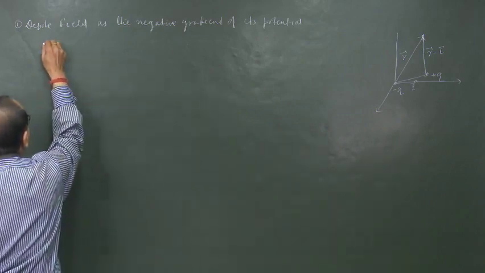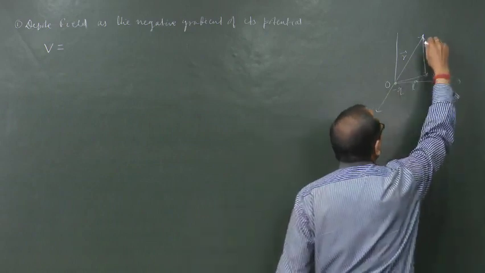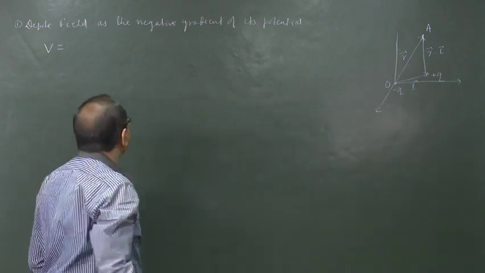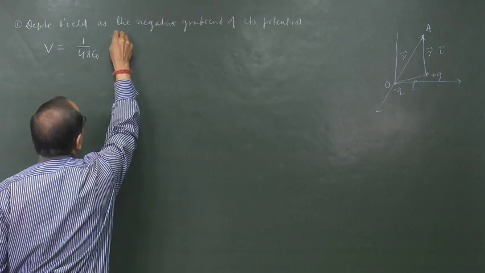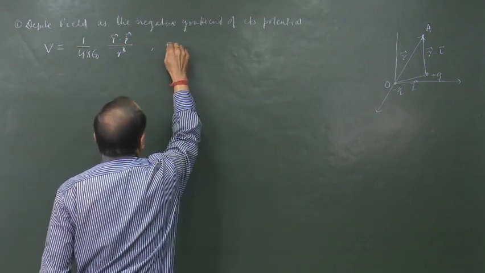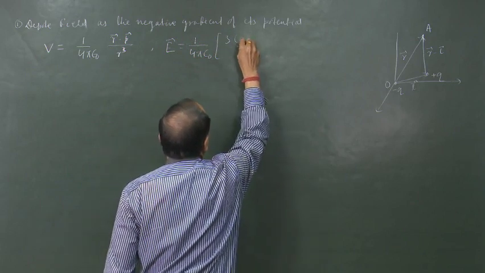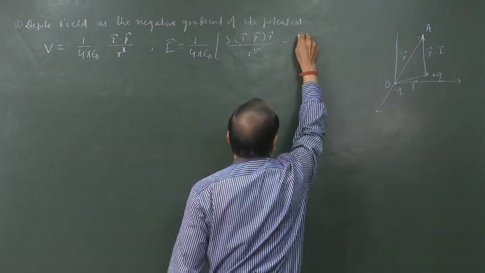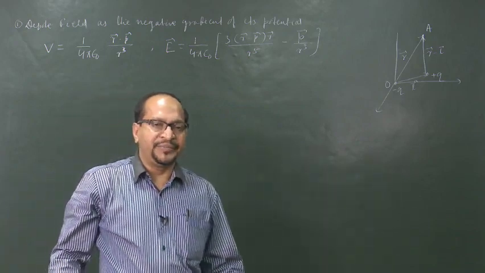Say this is origin O and the point where we want to find the potential and field is point A, and at A our potential, which we derived in the last class, is 1 by 4 pi epsilon naught, r dot p by r cube, and the field is 1 by 4 pi epsilon naught, 3 r dot p of r by r to the power 5 minus p by r cube. So, this is the potential and field due to a dipole.